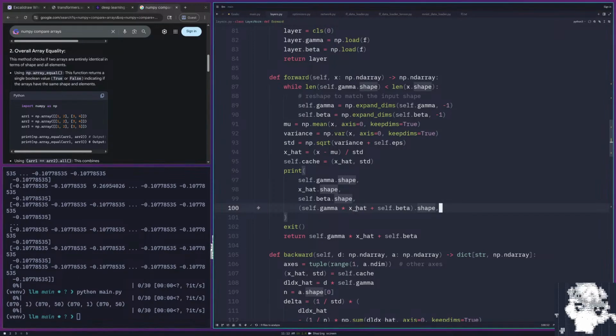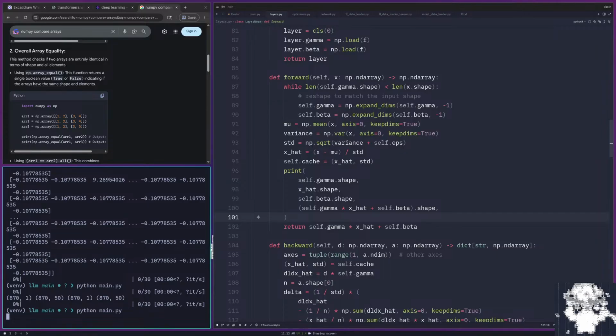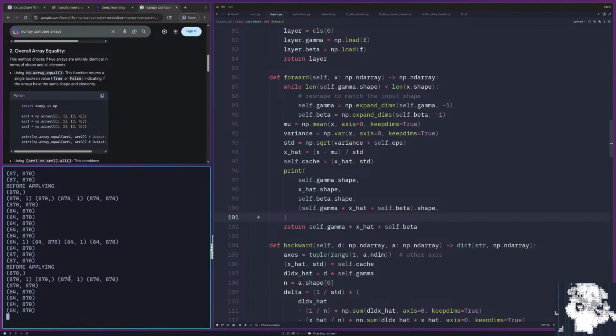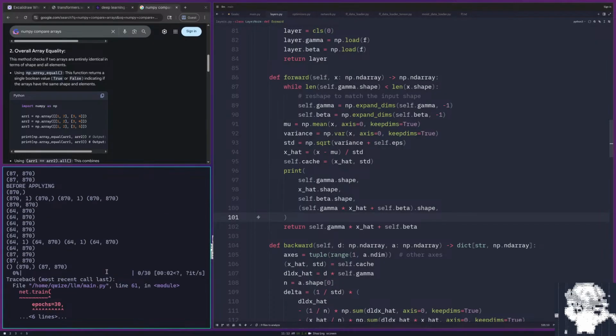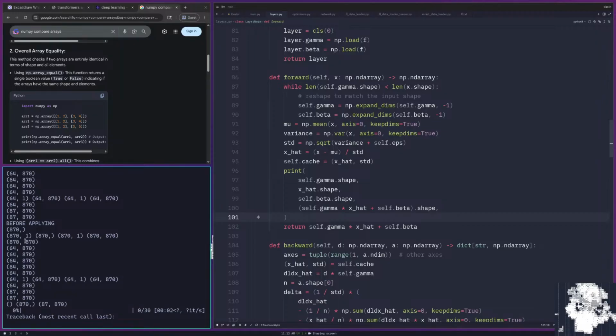So the output of the forward is the right shape. So what's going on here? 870 by nothing.